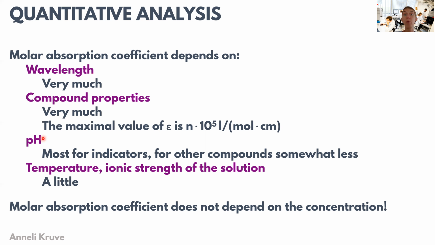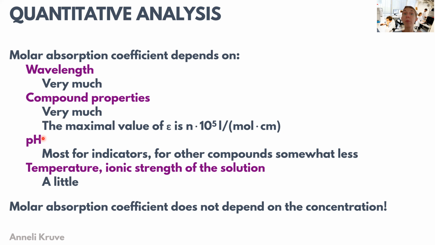For example, pH is important for compounds that are themselves acids or bases, and which have significantly different molar absorption, that is, different spectra, for the form that is neutral and the form that is ionized.